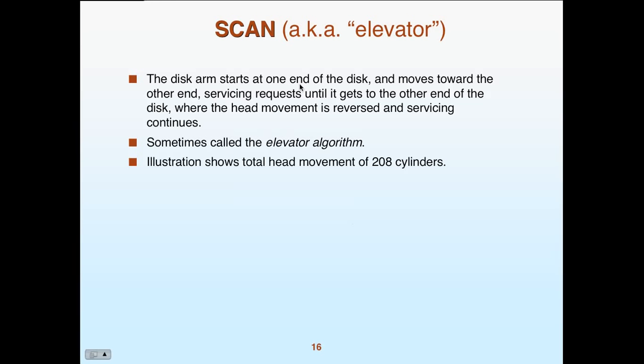So the disk arm starts at one end of the disk and moves towards the other end, servicing the requests until it gets all the way to the other end of the disk, where the head movement is reversed, and then servicing continues in the opposite direction. Sometimes called the elevator algorithm because it works like an elevator. Here's the illustration shown on a head movement of 208 cylinders.